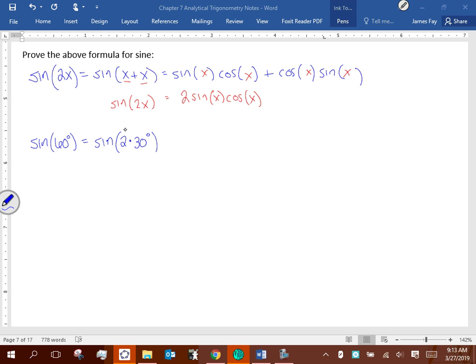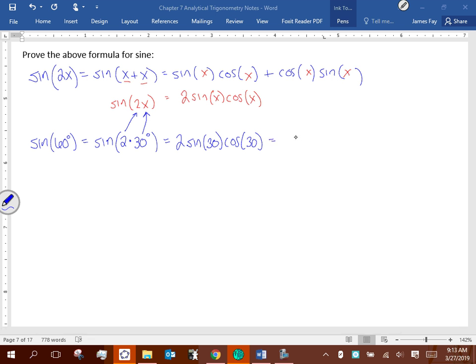And now you see that that 2 is the same as that 2, and the 30 is the same as the x, right? So now I can say, okay, well, 2 sine of 30 cosine of 30. So this is telling me that the sine of 60 can be determined by just knowing the ordered pair of 30 degrees.